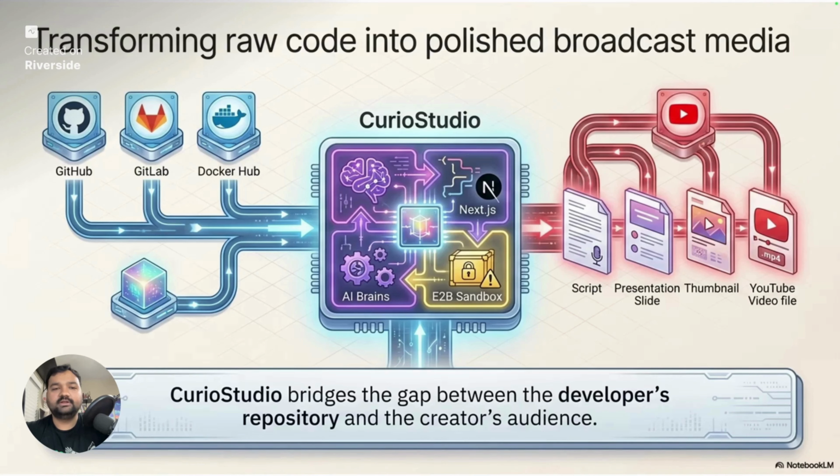We have tools that are already combined, which are the generating form. CurioStudio is a kind of platform that combines content creation, as well as getting the content from the main sources itself. So the goal is to bridge the gap between the developer repositories and the creator audience. This is where the real power is.